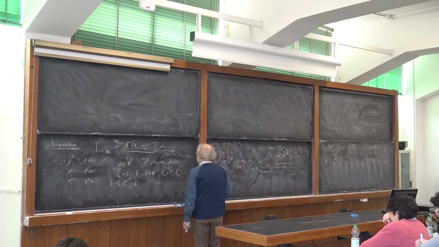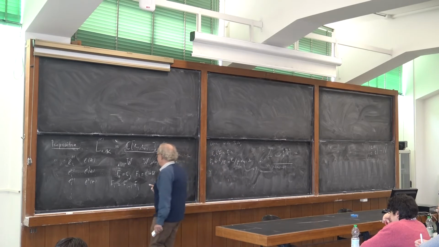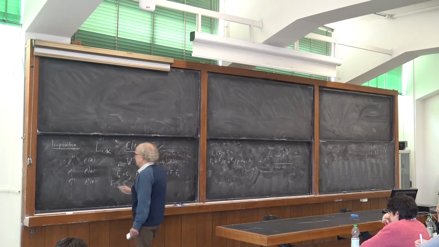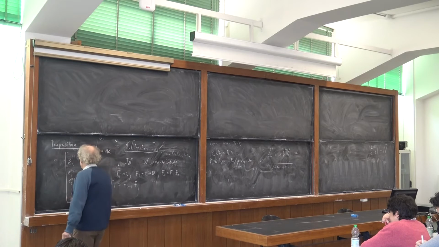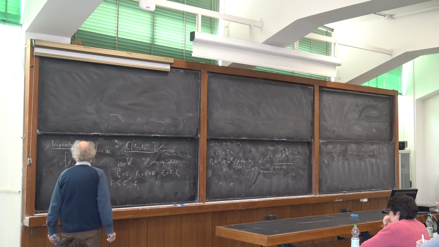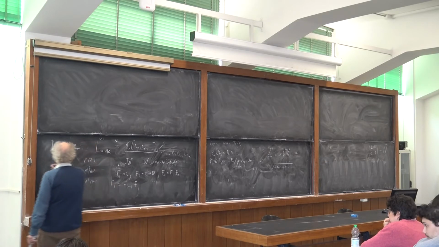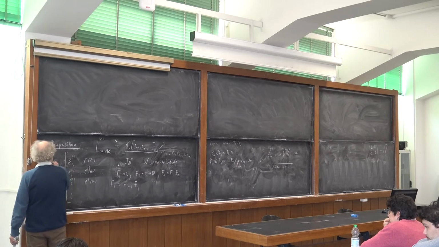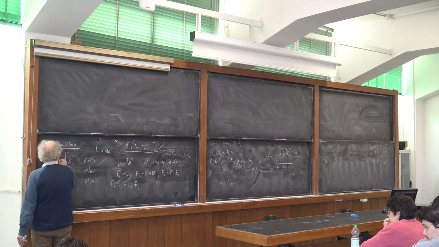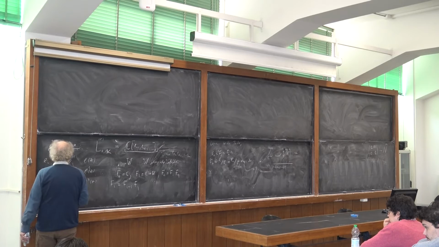And what is going on in our case? In our case, W is just this. More precisely, here I have E_i, with i less than or equal to 1.